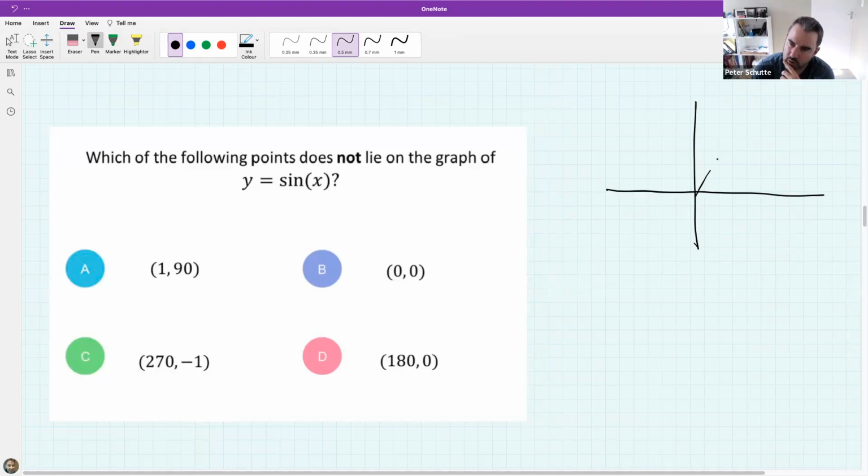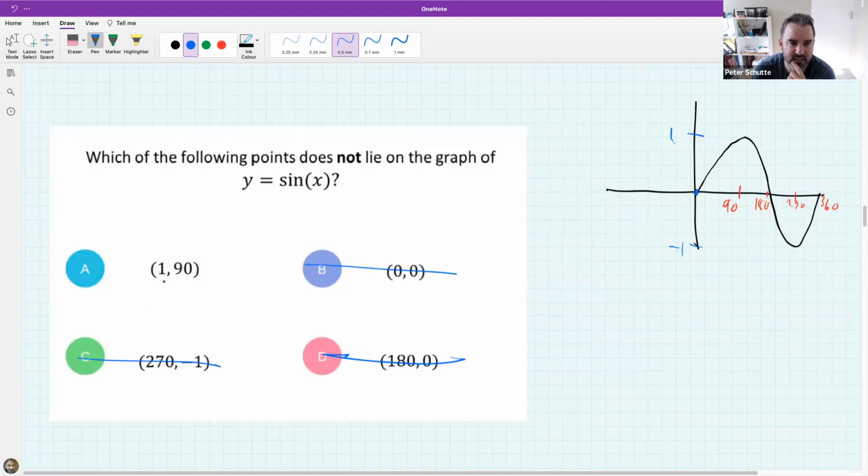So 0, 0 is all good. 190 doesn't, 180, 0 is fine. 270, minus 1 is fine.